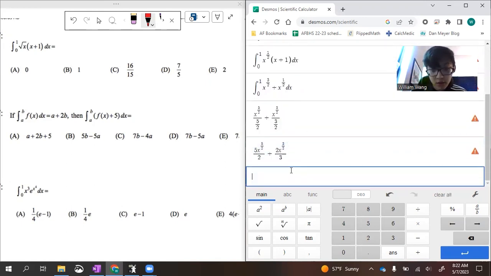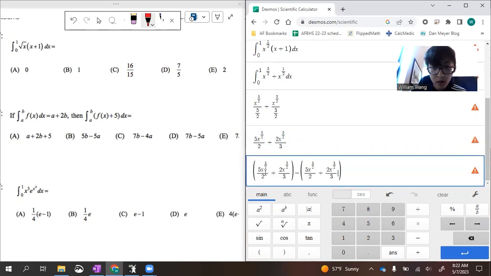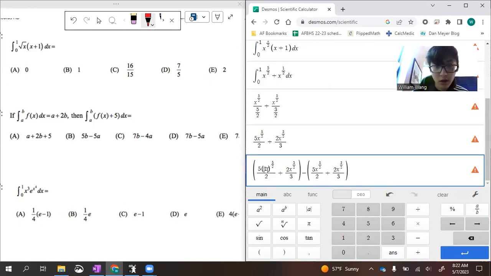So first, I'm going to plug in 1 here, then I subtract and plug in 0. So let's do that. First, I'm going to plug in 1. Not 51, sorry. Just 1. 1 there. And then plug in 0 here.